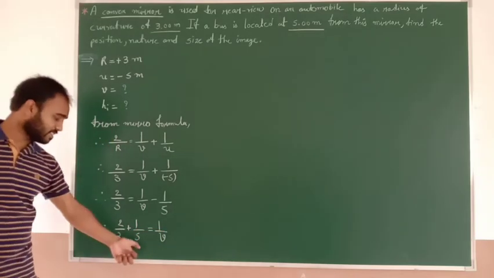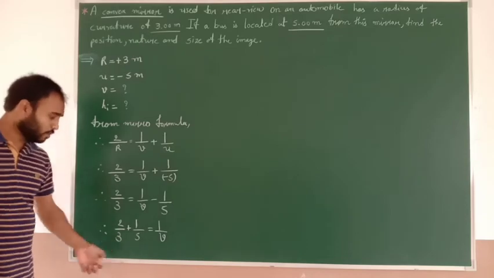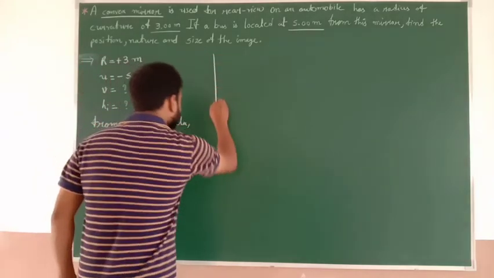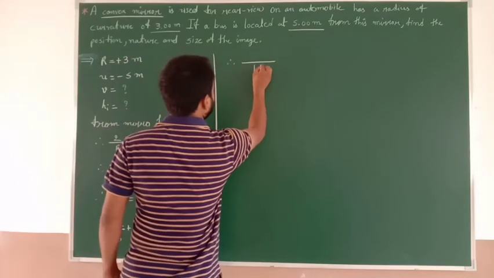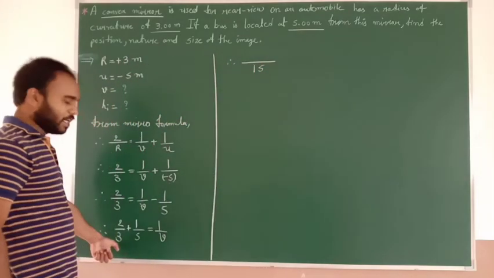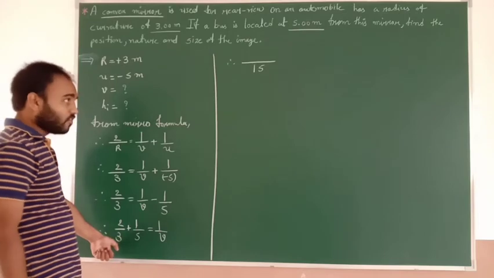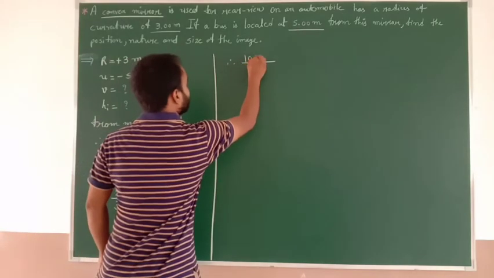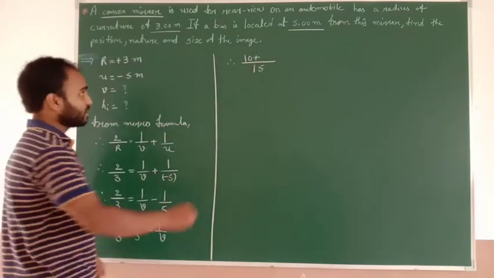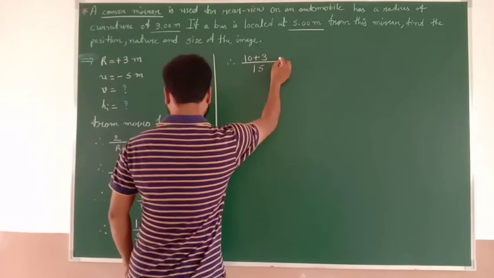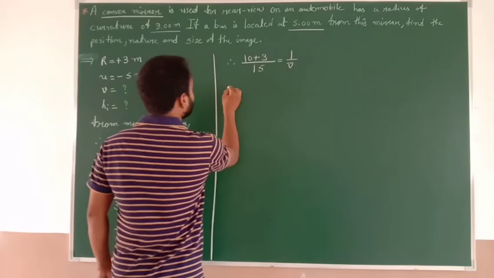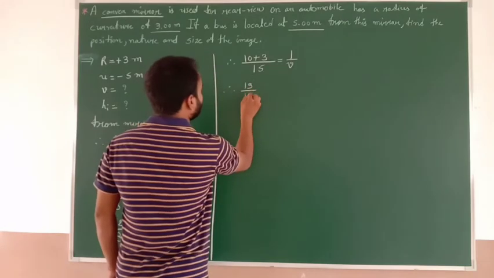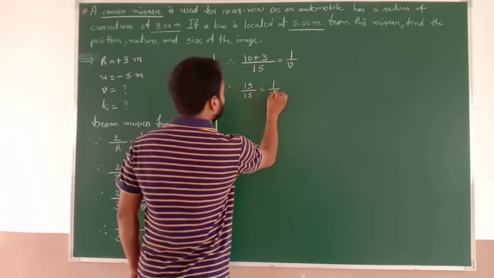Now by taking the LCM we get the answer. What will be the LCM? The LCM will be 15. What should be multiplied with 3? 5. So 5 times 2 is 10 plus here 3 is equal to 1 by v. So 13 by 15 is equal to 1 by v.